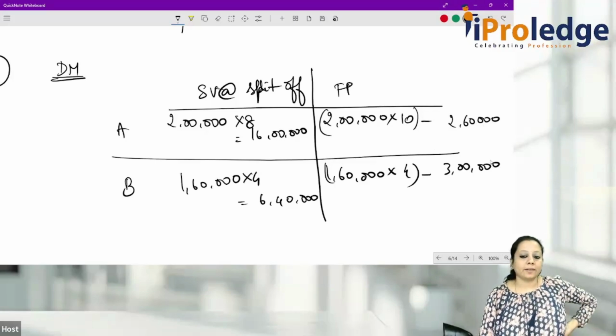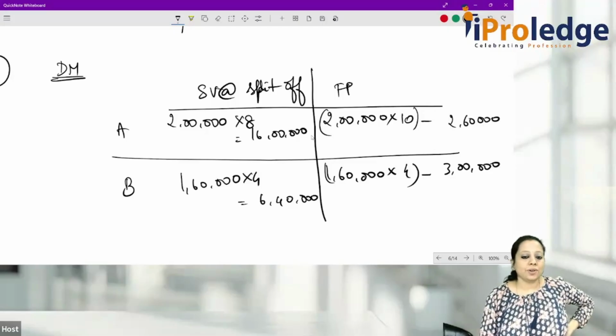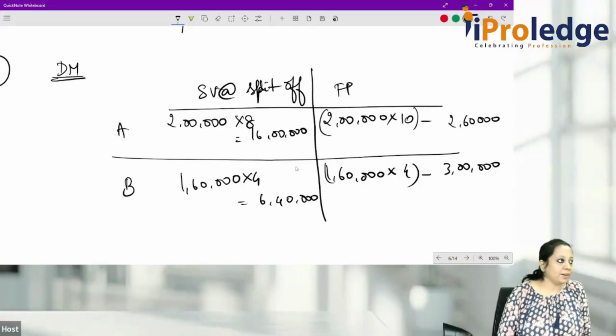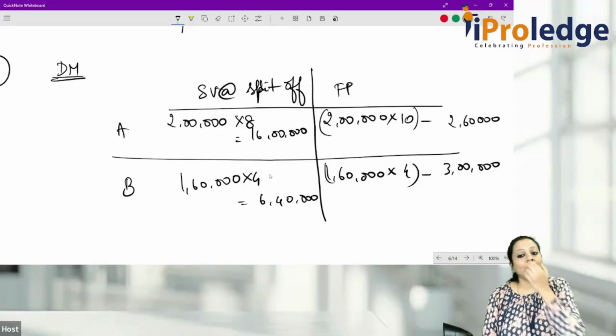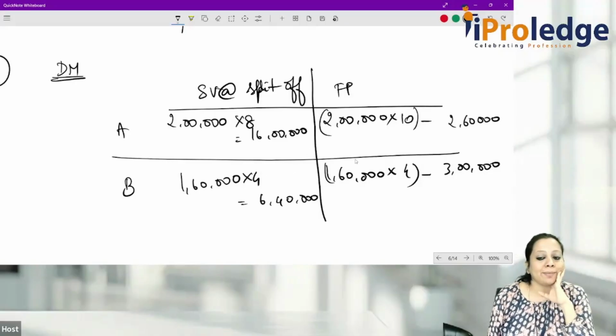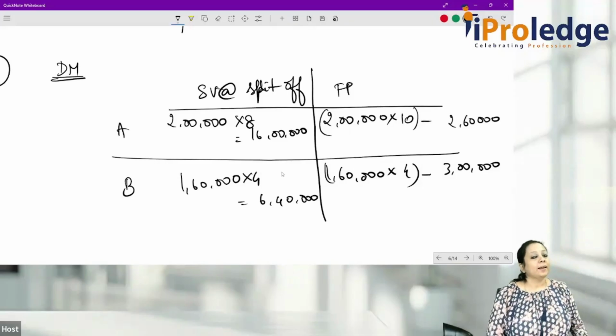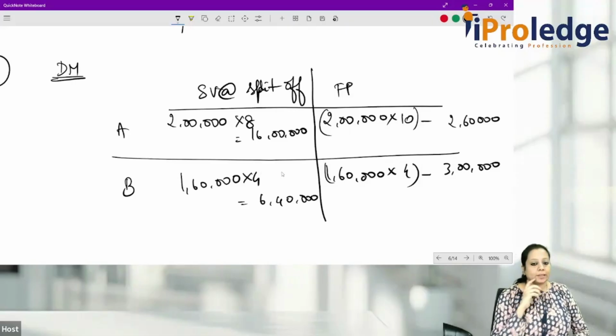One minute. Usually in the previous question, we take the same 2 lakhs and same 1,60,000. Now, there is normal loss. Should we take the same 2 lakhs and 1,60,000? Will it make sense? Let us understand. Please listen to me.